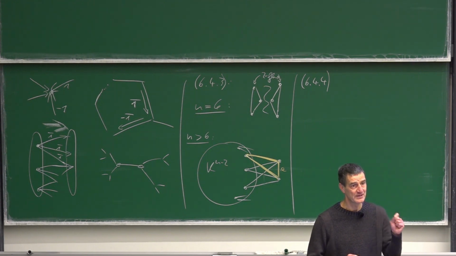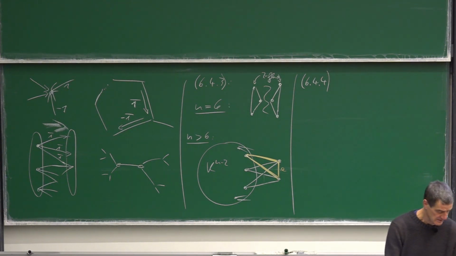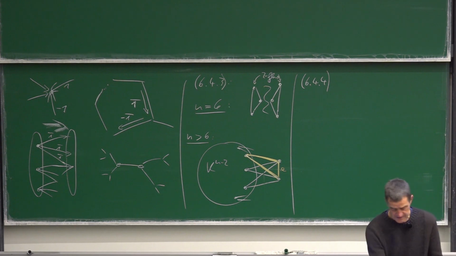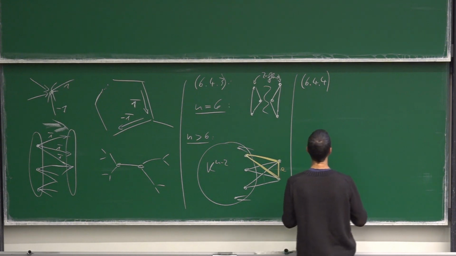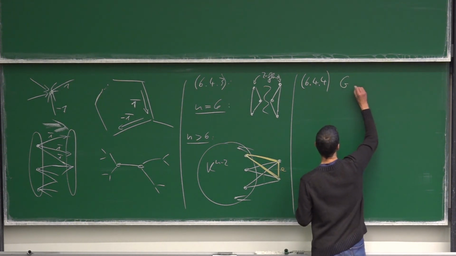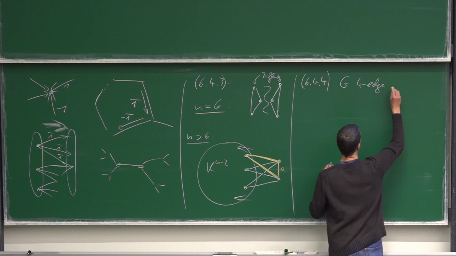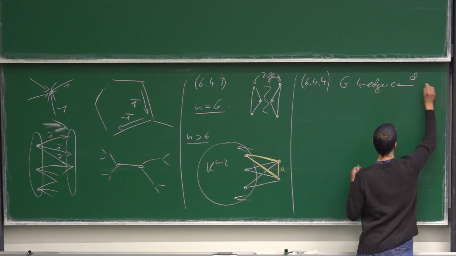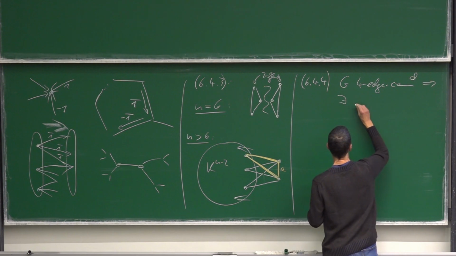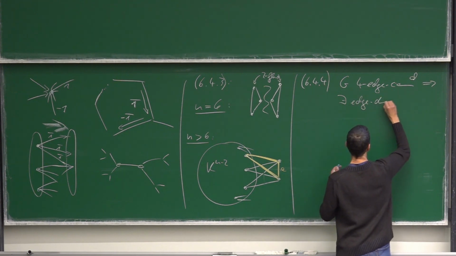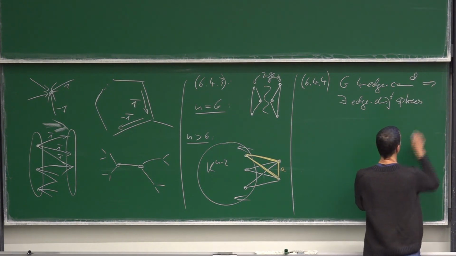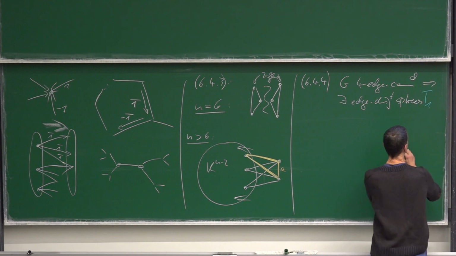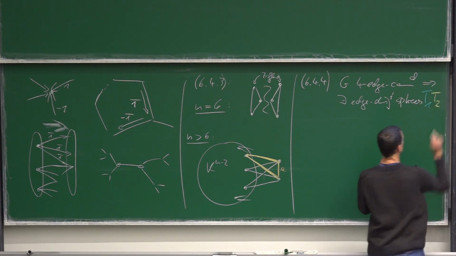So 4-edge-connected implies we have 2 edge-disjoint spanning trees. A blue one and a red one, T1 and T2.